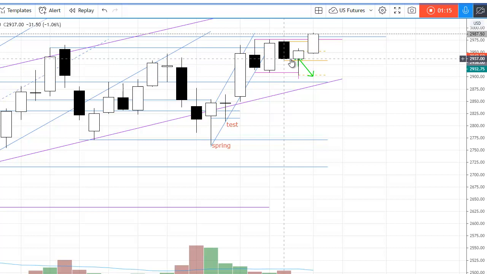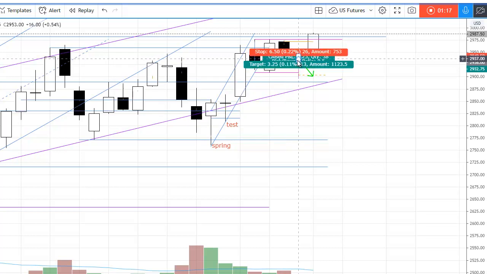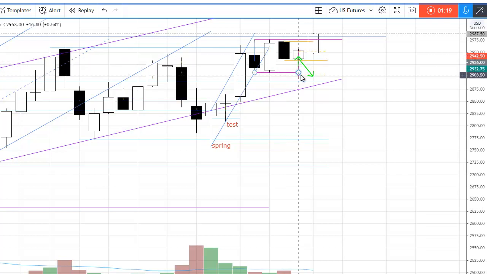During the London session it actually fell through the support, but ended up becoming a spring action here, and eventually it resolved itself out of this spring action and closed at a quite nice bullish level.